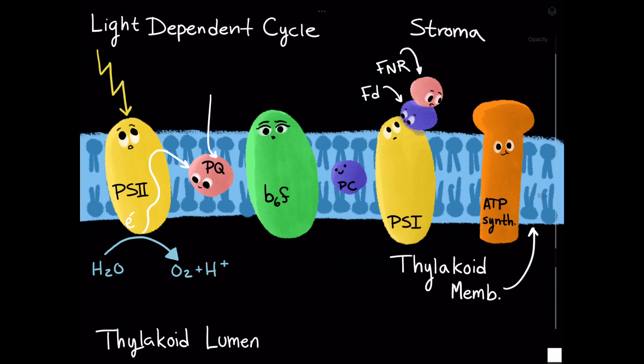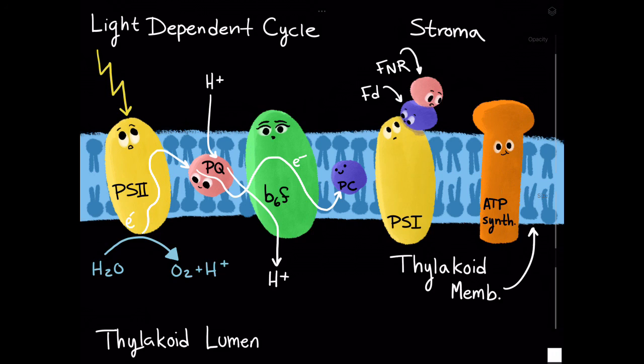Just a quick note, just like in the electron transport chain, electrons are passed from the least electronegative to the most electronegative molecule. So those electrons on plastoquinone are going to be used to pump protons to B6F and then into the thylakoid lumen. And then the electrons will be passed on to cytochrome B6F, and from there onto plastocyanin.